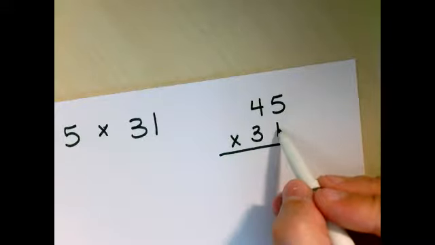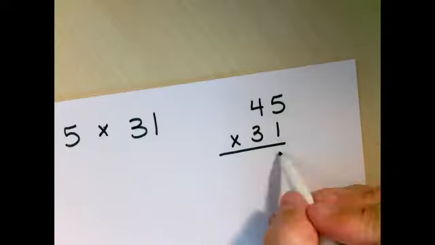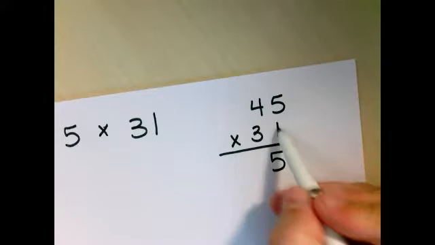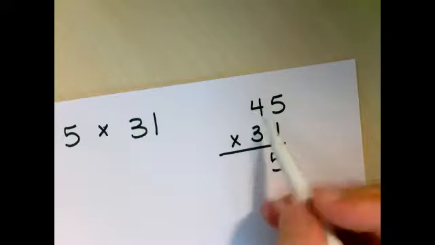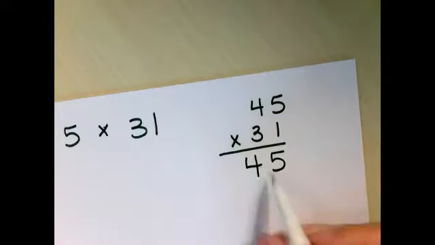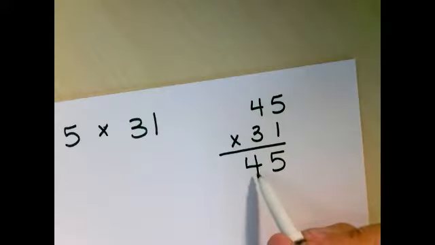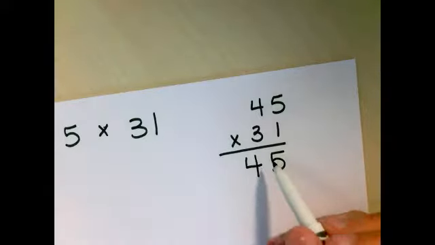So this is 1 times 5 ones, and this is 1 times 4 tens. So that's why that 4 goes into the tens place. A lot of our students can't explain that to you though. They don't have that conceptual understanding of the place value.